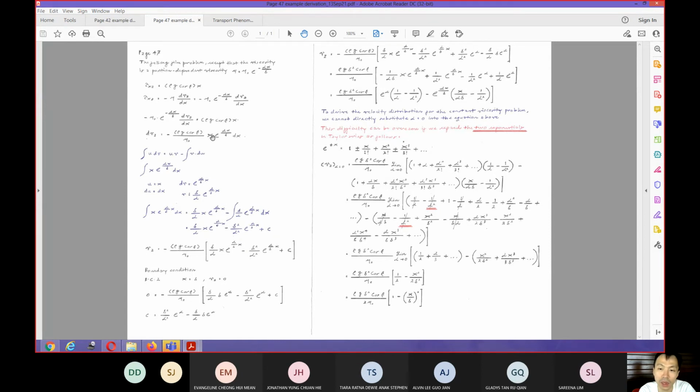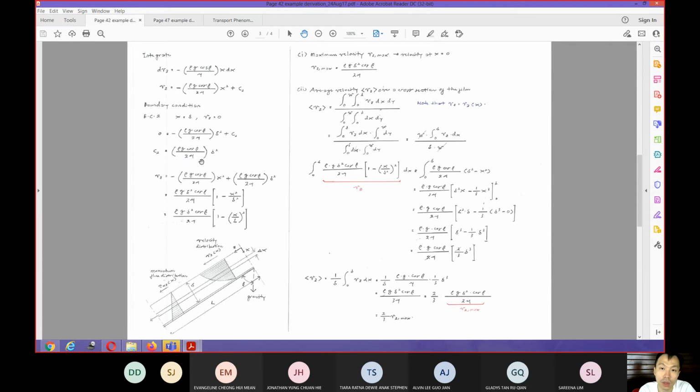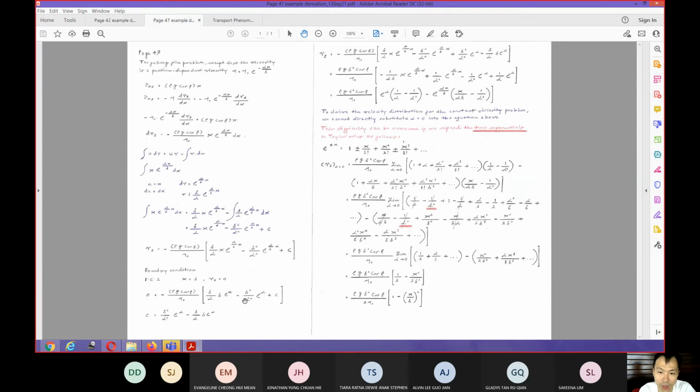If you proceed with this, you can put this constant in front and these terms here. You use the same boundary conditions again, and then you will get the constant. Now your velocity profile will have a different dependence. It will have this particular type of dependence here.